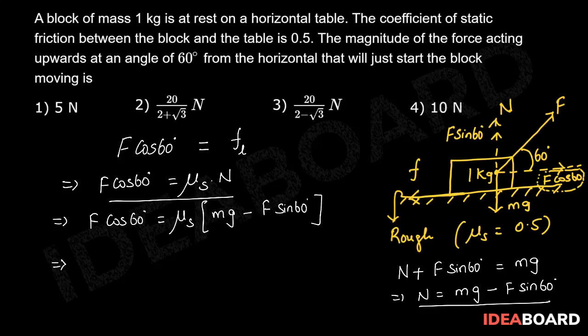So on rearranging this, we can write F times (cos 60 degrees plus mu s times sin 60 degrees) is equal to mu s times mg.